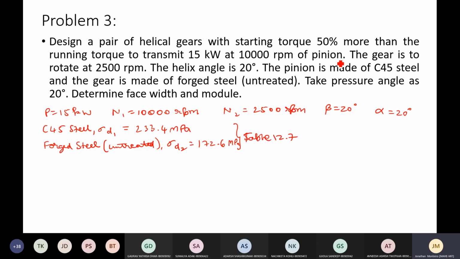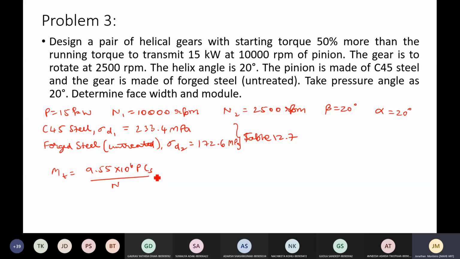So where does this torque difference actually come in? Which equation does this torque difference hold on? We know that the torque equation MT will be 9.55 into 10 power 6 times P by N in general.